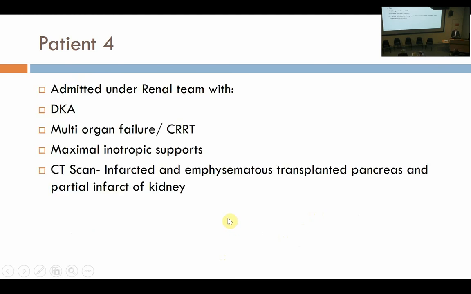So she was admitted on the renal team with DKA, with worsening multi-organ failure, and needed to be on renal dialysis. Was on maximal inotropic support. Had a CT scan that showed an infarcted and emphysematous transplanted pancreas and partial infarct of the kidney.